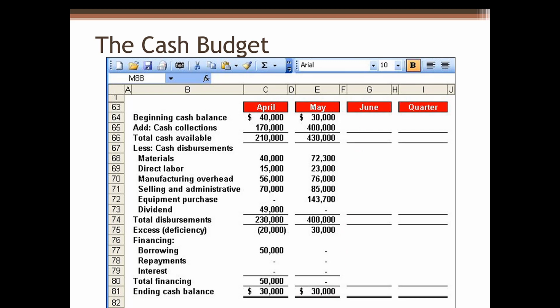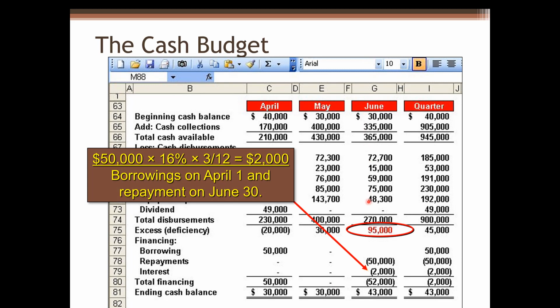For June, we do the same thing. If we calculate, we get total cash available $365,000 and total disbursements $270,000.